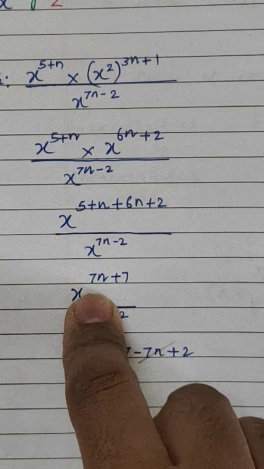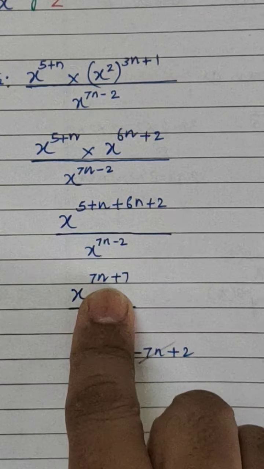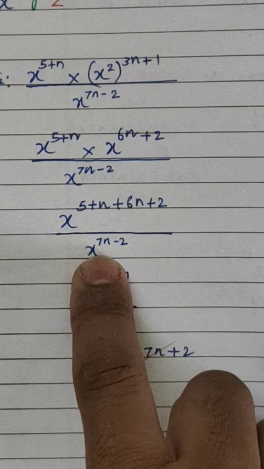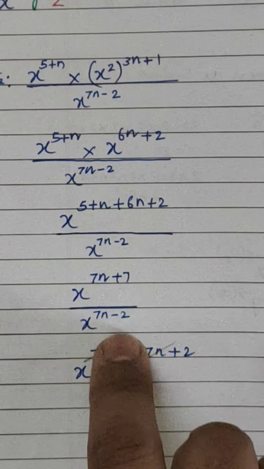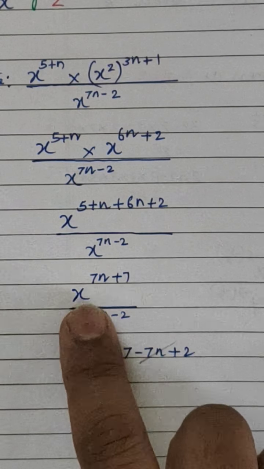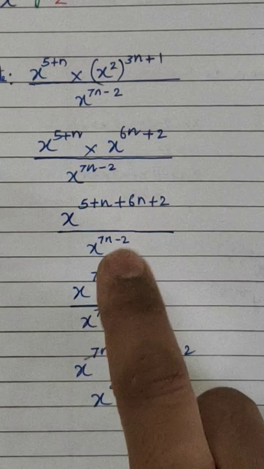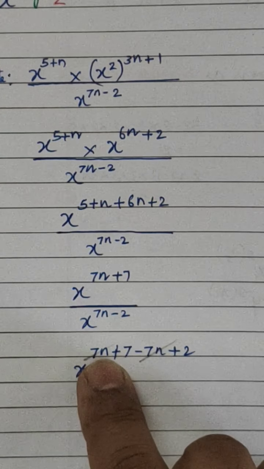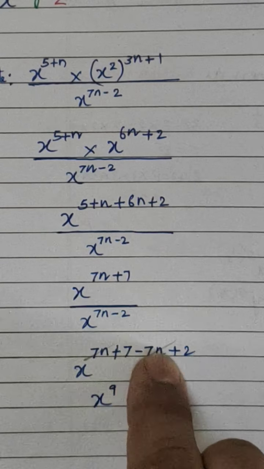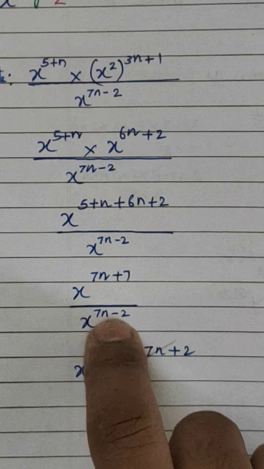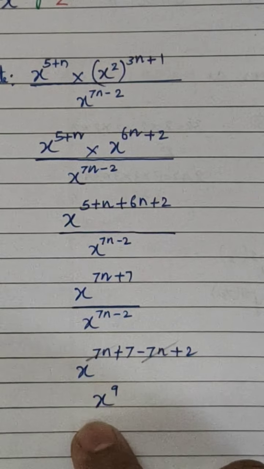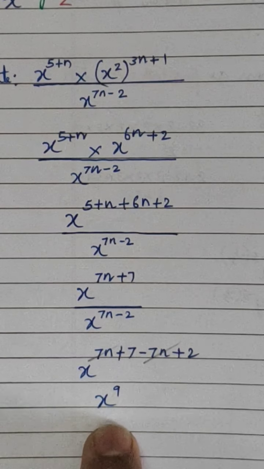So in this we got 6n plus n, 7n, and 5 plus 2, 7, divided by x to the power of 7n minus 2. We are keeping it like that only. Now we know that x to the power of m divided by x to the power of n can be written as x to the power of m minus n, that is x to the power of 7n plus 7 minus 7n. When the minus 2 goes up, it will become plus 2. Then the answer is x to the power of 9.